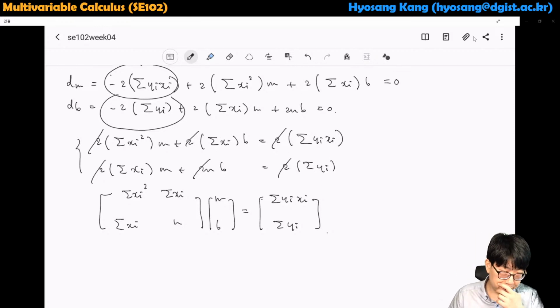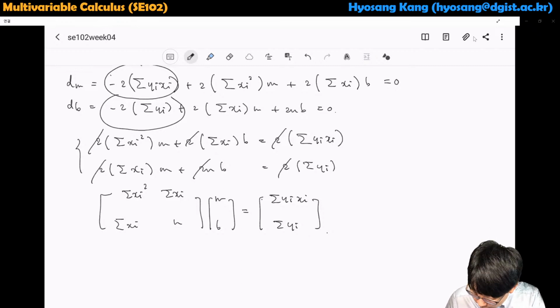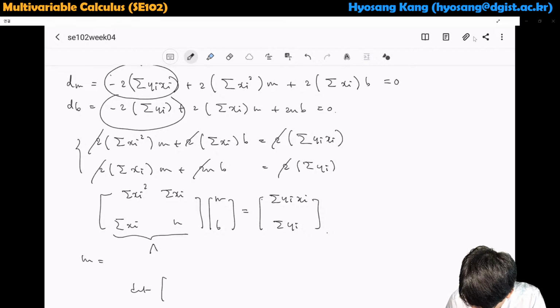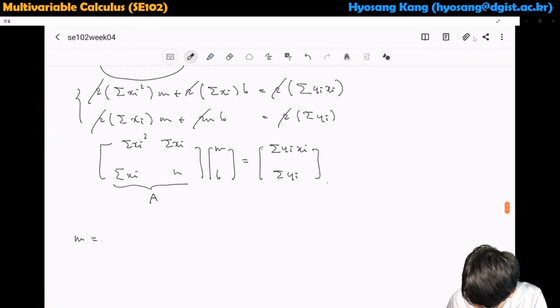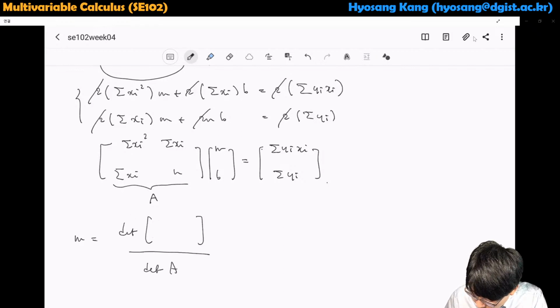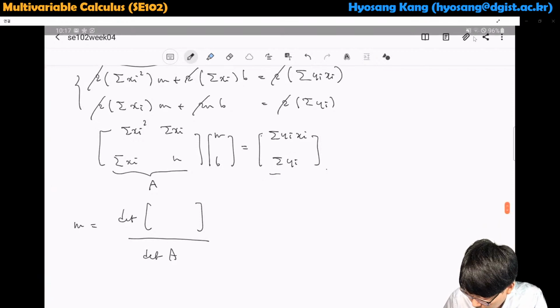Now, do you remember Cramer's rule in the differential equations course? So an easy way to find such m and b is, let's say this is the matrix A. I can find my m as the determinant of A whose first column is replaced by the last one, B here.